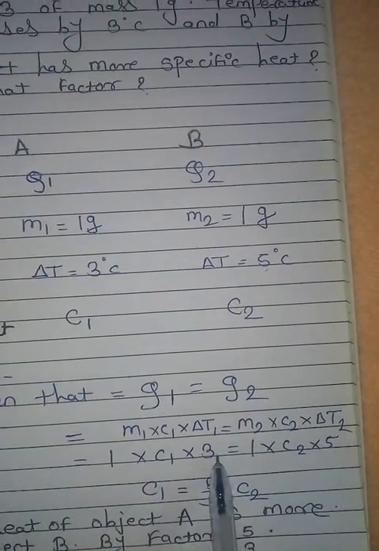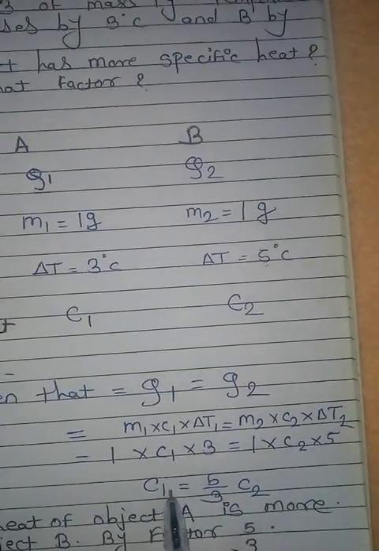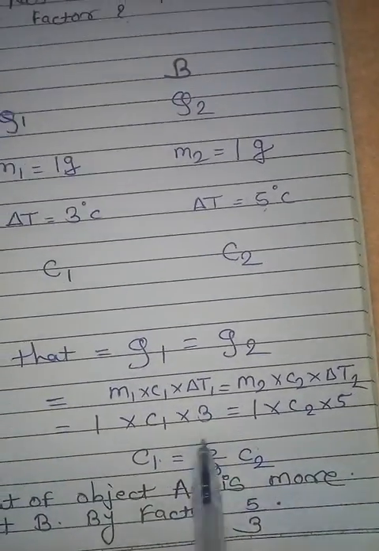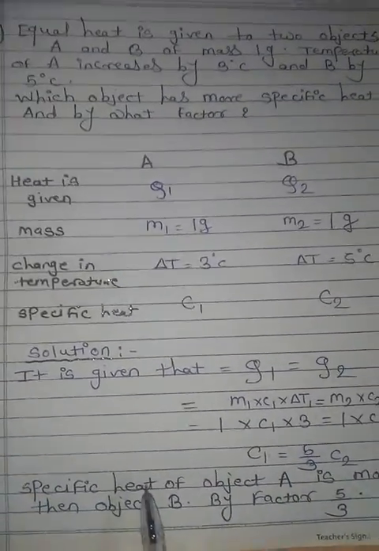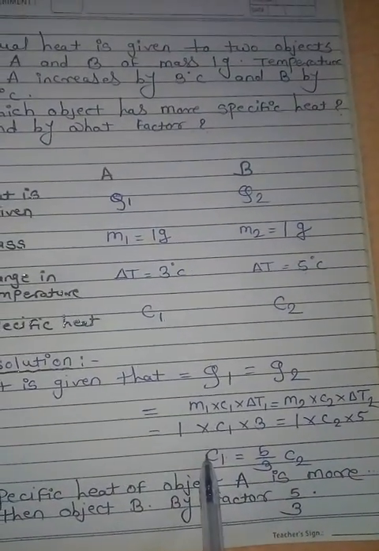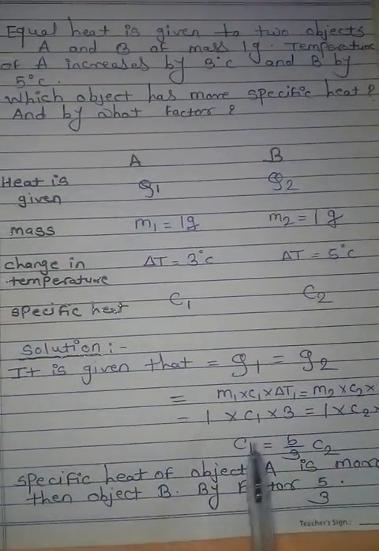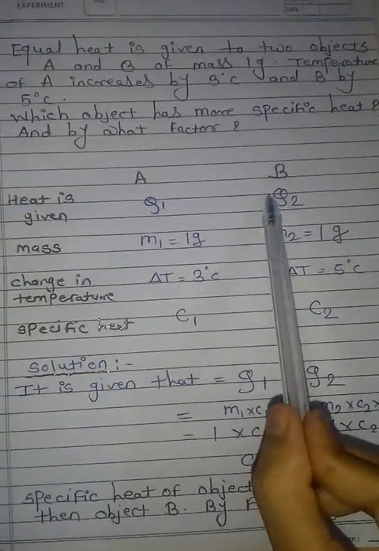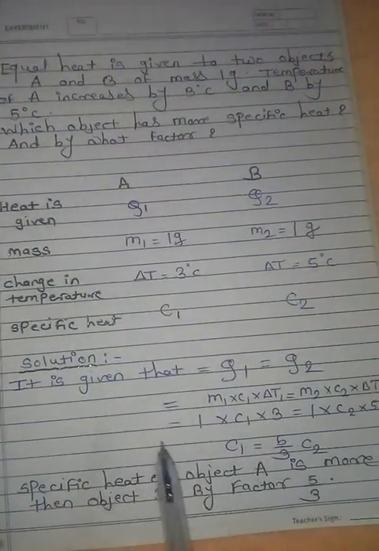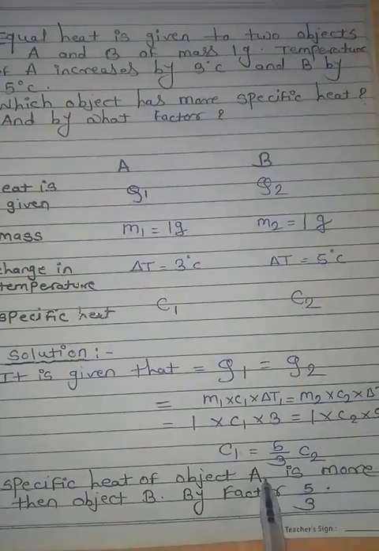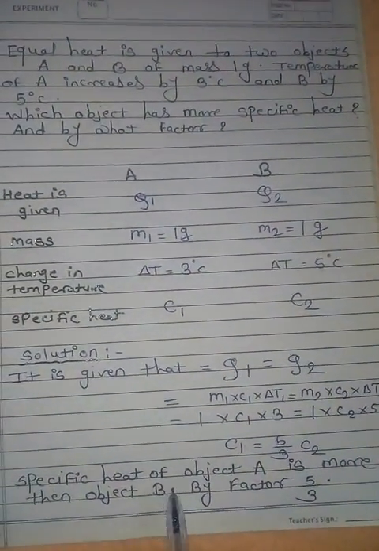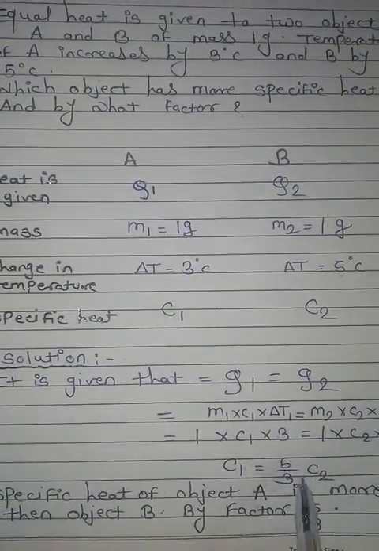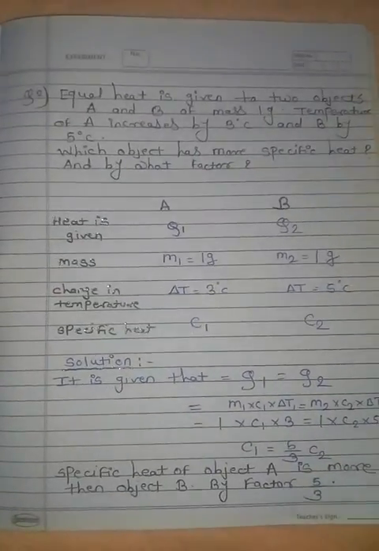That is the answer. So the specific heat of object A, that is C1, is more, and C2 is object B. Specific heat of object A is more than object B by a factor of 5/3.